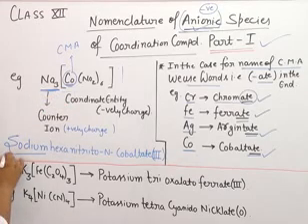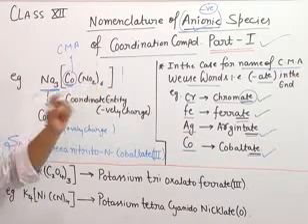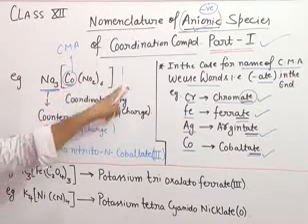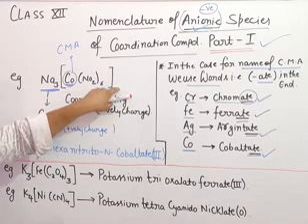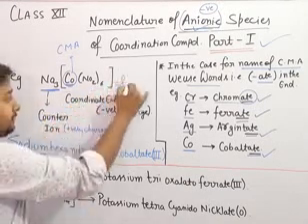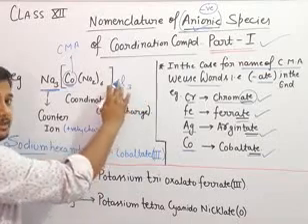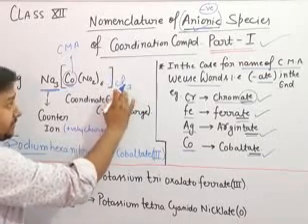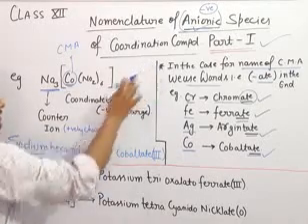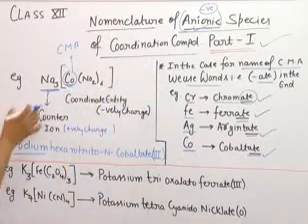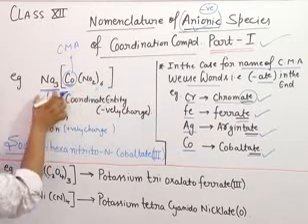We will not write trisodium, we will write only sodium. Clear? Similarly, in the case of cationic species, we do not write the count of the counterion. Suppose Cl3 is present, we will not write trichloride, we will write only chloride.